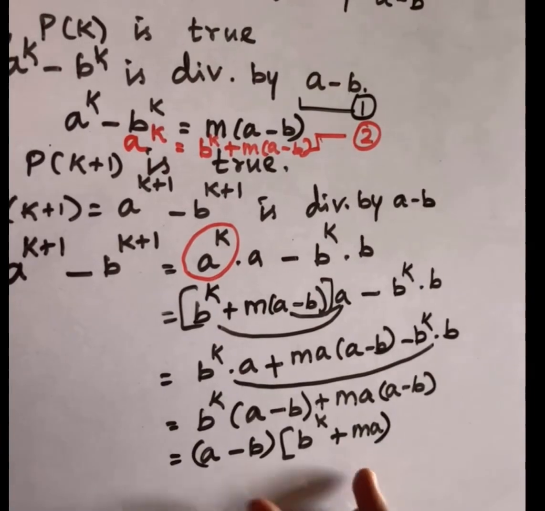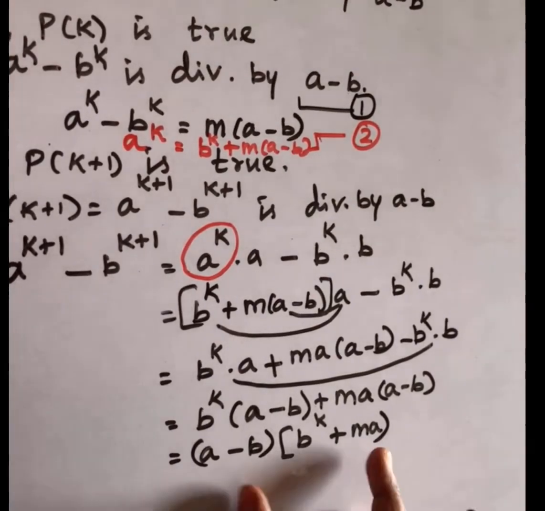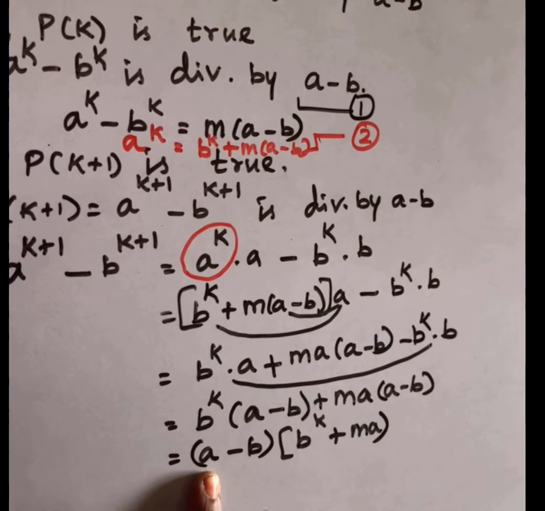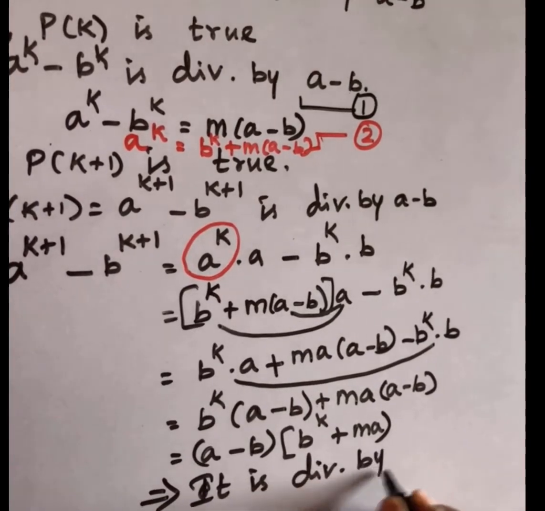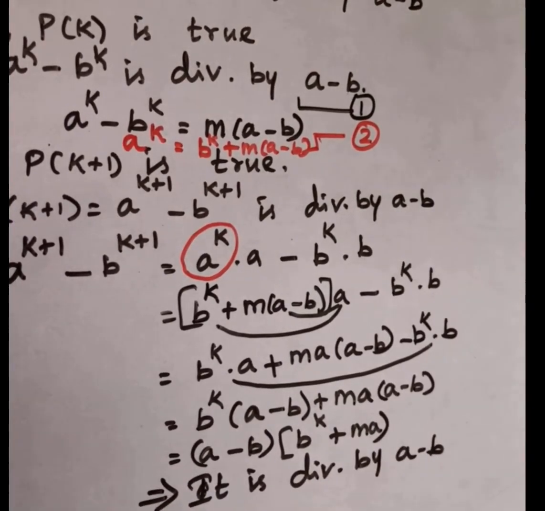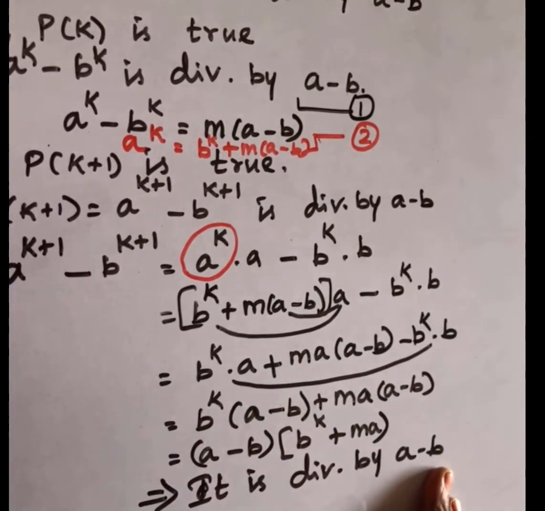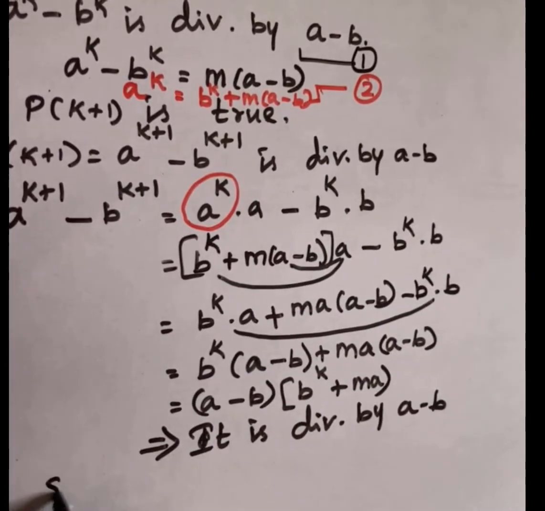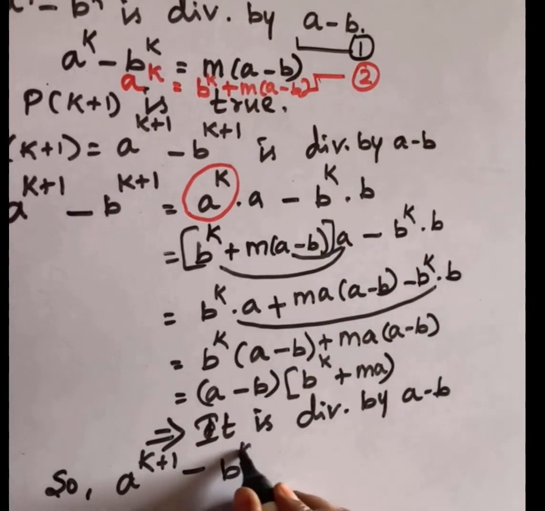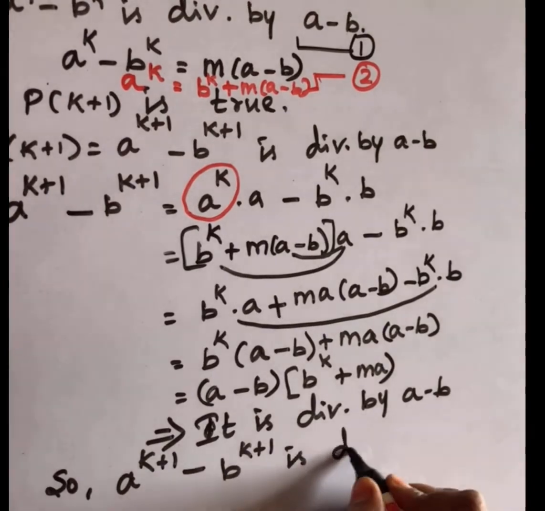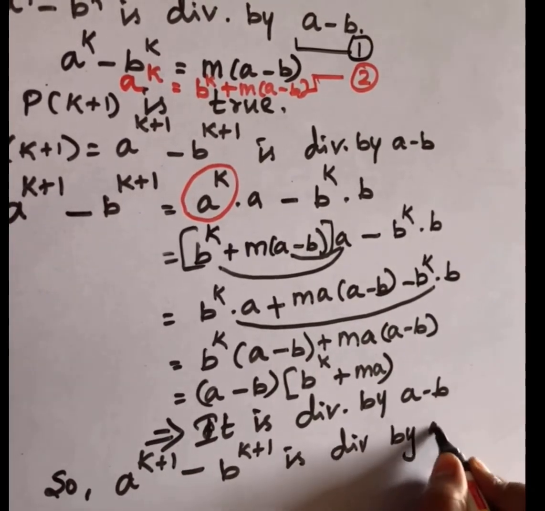Look, this expression is a multiple of a minus b. Okay, this expression is a multiple of a minus b. So surely the above expression is divisible by a minus b, because it is multiplied by a minus b, so certainly this expression will be divisible by a minus b. Okay, so a power k plus 1 minus b power k plus 1 is divisible by a minus b.